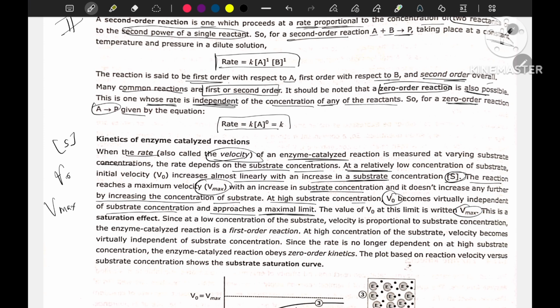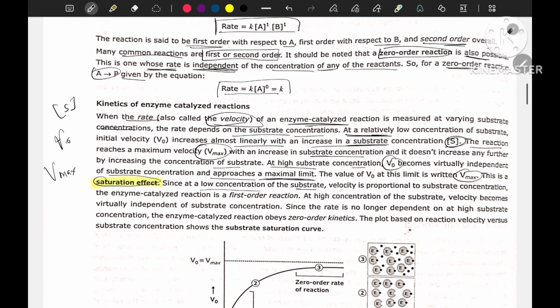This is the saturation effect. At low concentration, velocity is proportional to the substrate concentration, so the enzyme catalyzed reaction is a first order reaction. At high concentration of the substrate, velocity becomes virtually independent of substrate concentration.